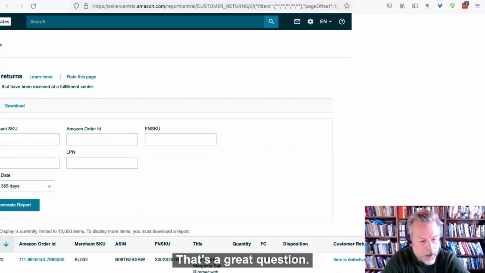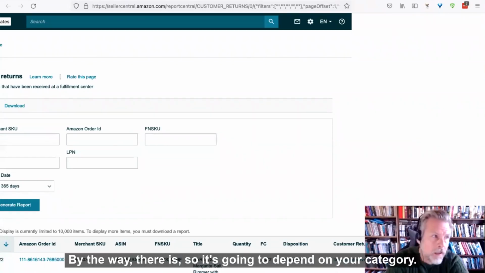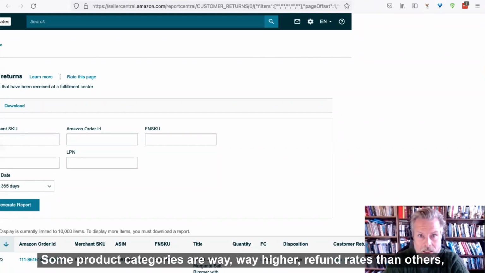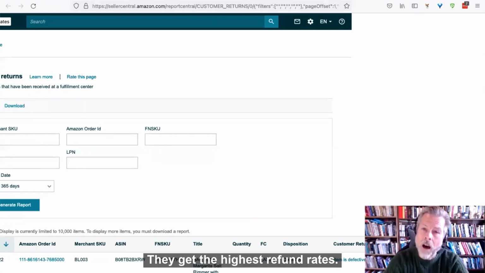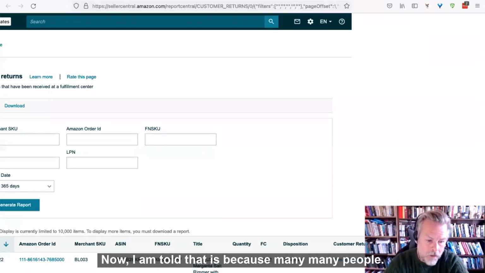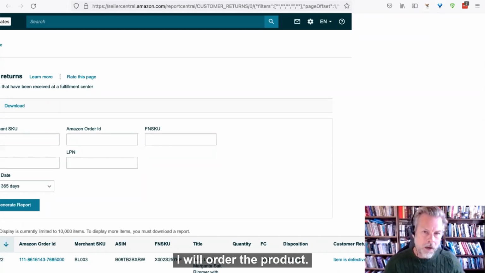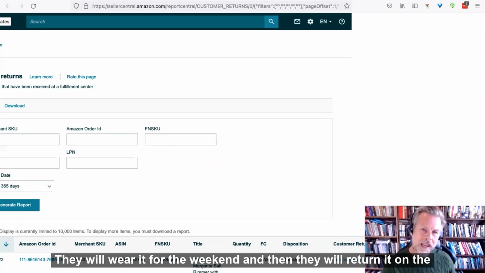Yeah, there is. That's a great question, by the way. It's going to depend on your category. Some product categories have way higher refund rates than others. The things which have got the highest refunds are shoes and clothes. Now, I am told that is because many people will order the product, wear it for the weekend, and then return it on the Monday.